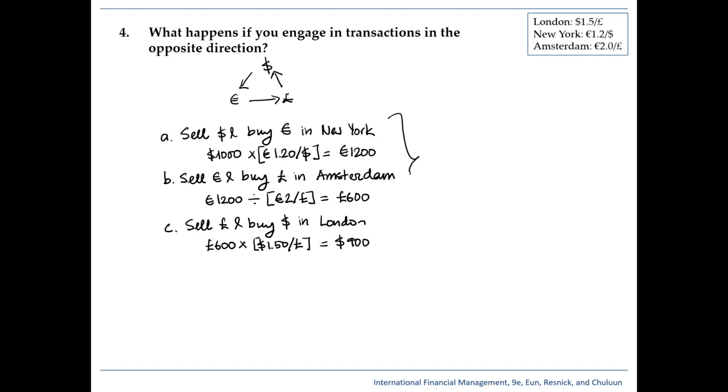So let's see what your net profit or loss is. In this case, obviously you have a loss since you started with $1,000 and end up with $900, so you are losing $100. So if you follow transactions in the opposite direction, you will lose money, you will lose $100.